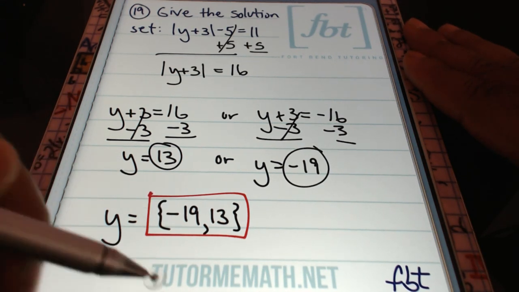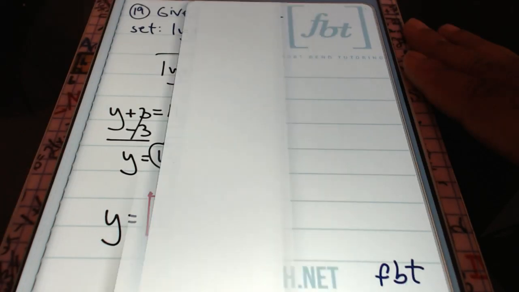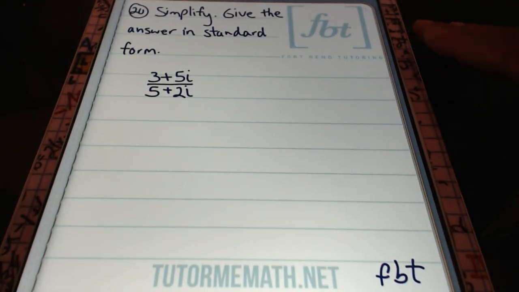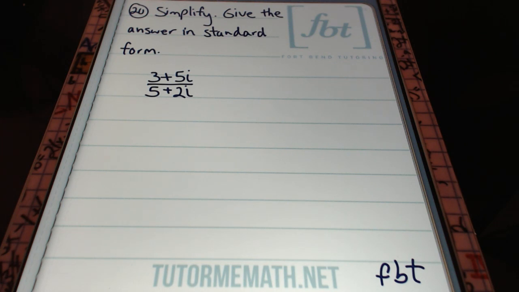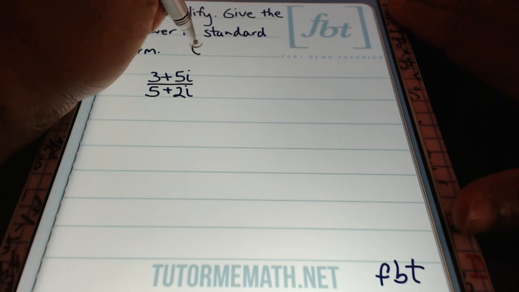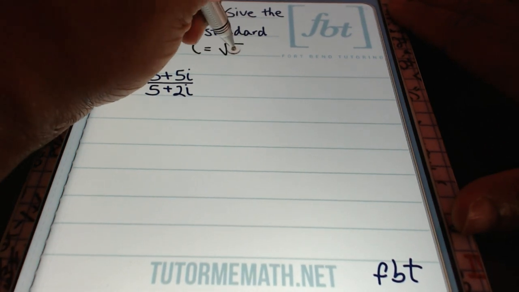Guys, we're going to wrap it up today with problem number 20. Here we go. In problem number 20, it asks us to simplify. Give the answer in standard form. So what we're dealing with is the division of complex numbers. Notice that in here, that symbol i will stand for the imaginary number i, which is equivalent to the square root of negative 1.